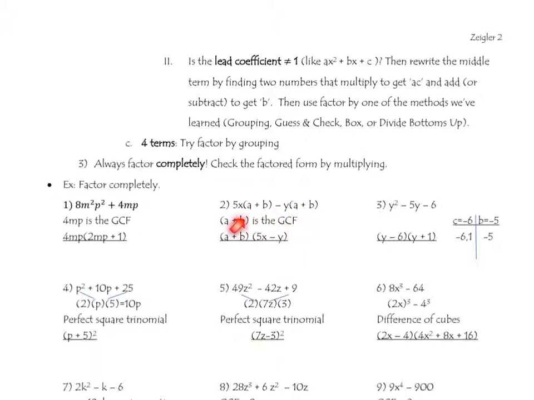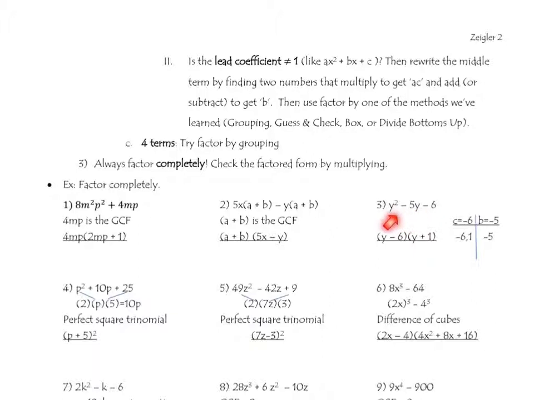In this scenario, you have 5x times a plus b minus y times a plus b, and there is a common factor again. The common factor is the binomial a plus b. So in factoring, you want to always put parentheses around your binomials and treat them as one term. So you factor out a plus b.